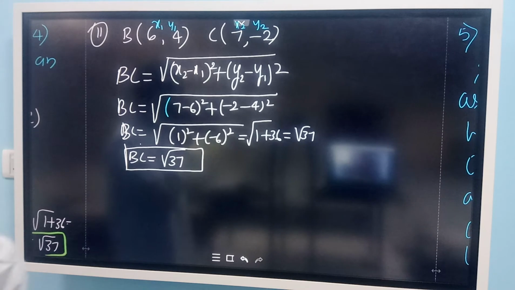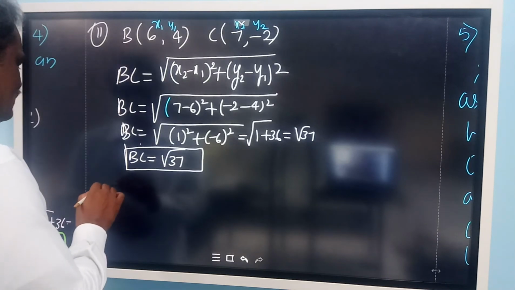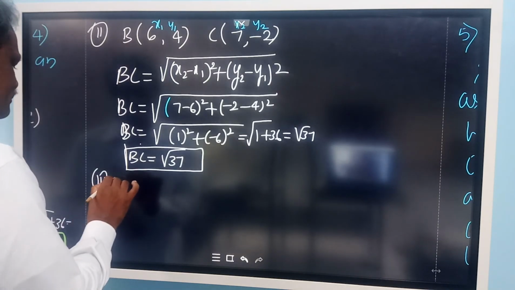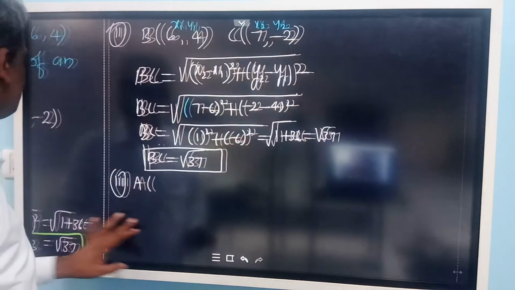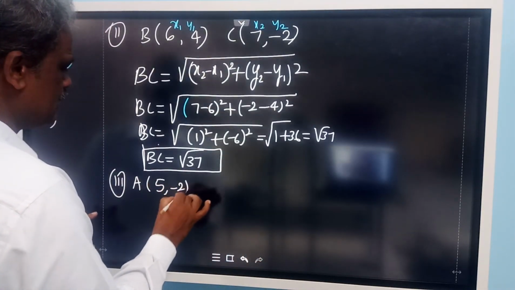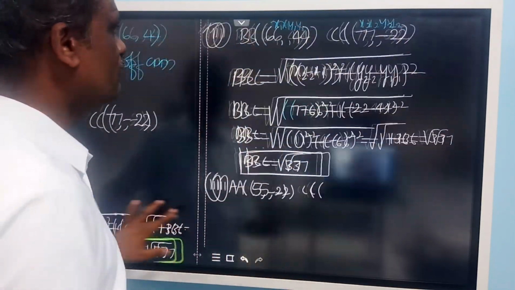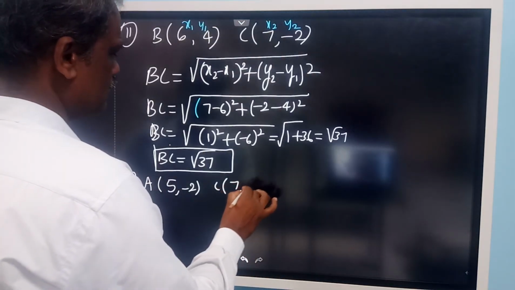Is it necessary to find out AC? Yes, sir. Okay, let us find out AC now. Third one. Find A, 5, minus 2. Find C here, 7, minus 2.